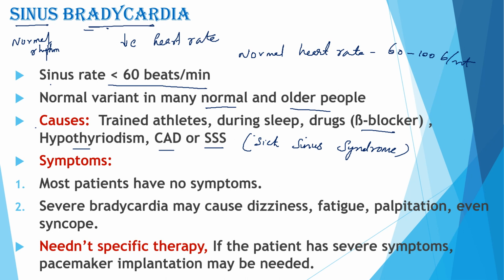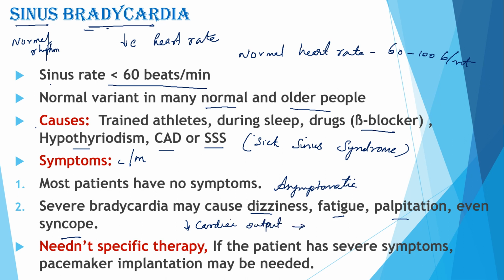The features, otherwise the clinical manifestations: most patients have no symptoms, that is asymptomatic, and severe bradycardia causes dizziness, fatigue, palpitation, and syncope. Because of bradycardia, there is decreased cardiac output.